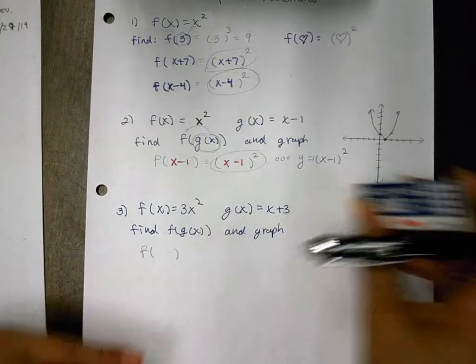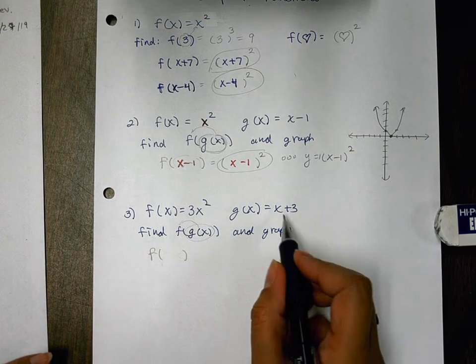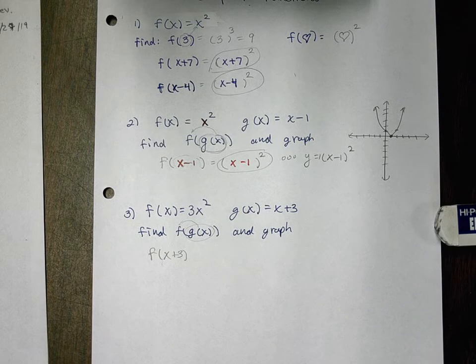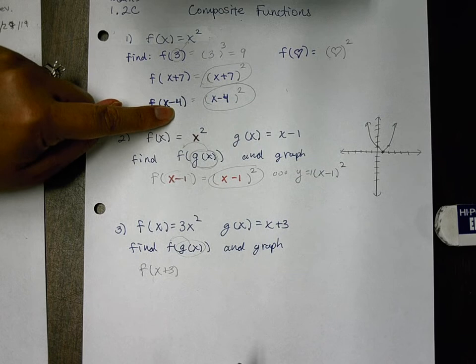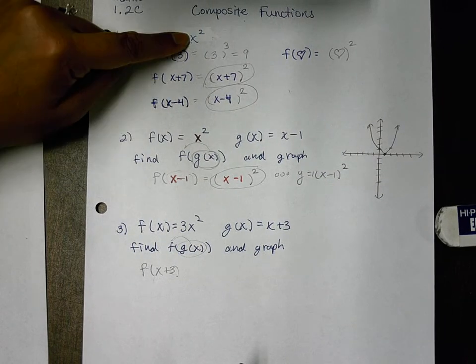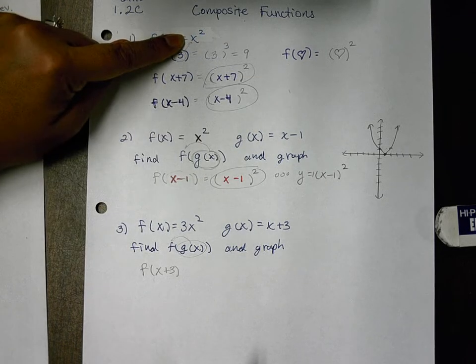f of g of x means I'm going to take the g of x function and plug it into the f function, and g of x is x plus 3. Now this looks very similar to what I was doing earlier: taking the x minus 4, plugging it into the x, taking the x plus 7, plugging it into the x, taking the heart and plugging it into the x.